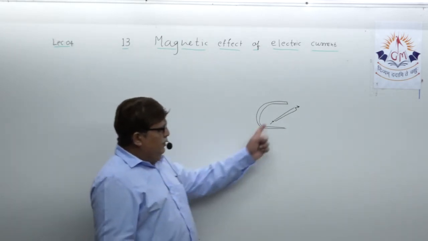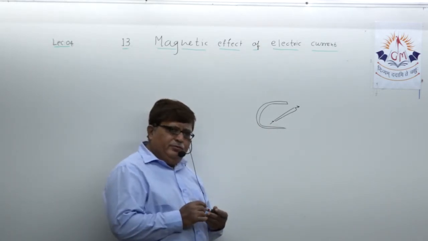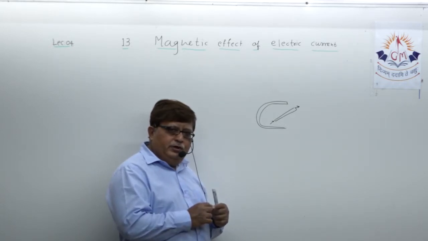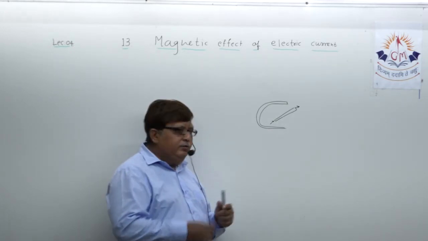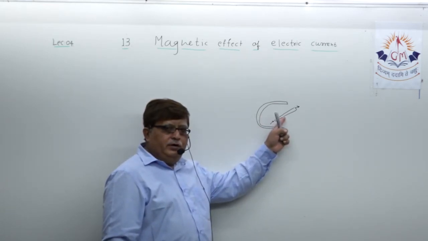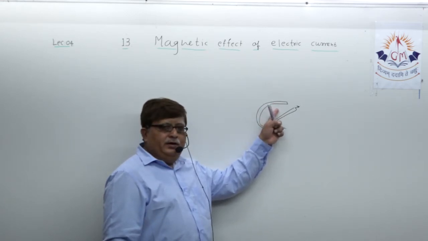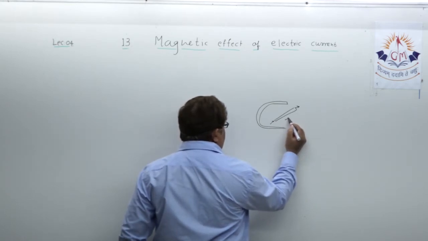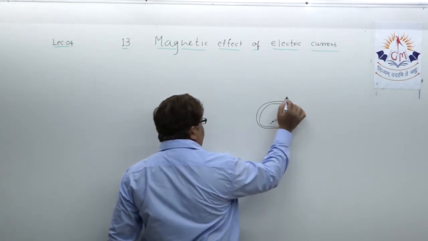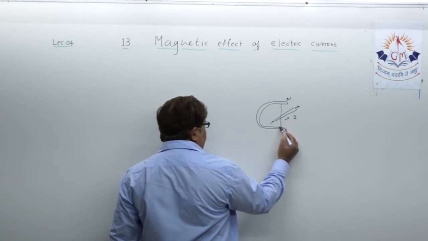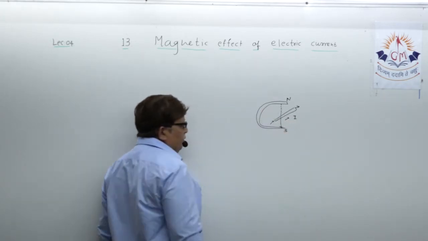Actually, this is an experiment to study electromagnetism, because this is electric current passing through the conductor and this is a magnet which has a magnetic field. Suppose the direction of current is this, and suppose this is north pole and south pole, so obviously magnetic lines appear to be traveling from north to south.